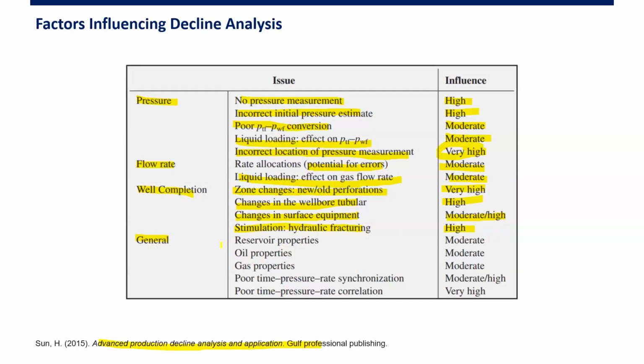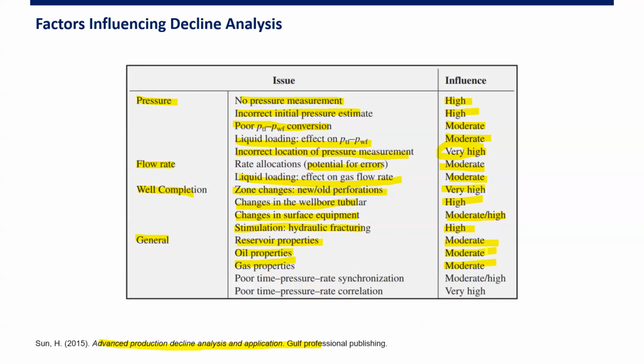Now the general reservoir properties, moderate. Okay, so if you are not so sure about the porosity of your reservoir, if you're not so sure about the permeability, it indeed will influence the decline, but it's not so severe, basically. Okay, oil properties and gas properties, interestingly, give you moderate impact.